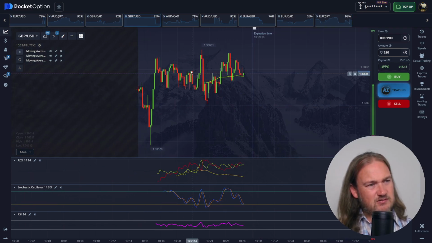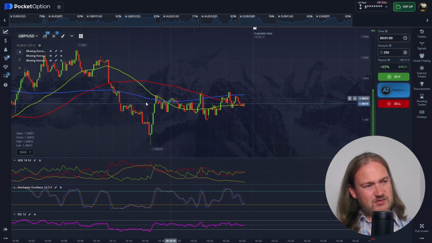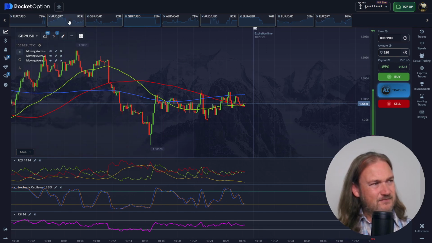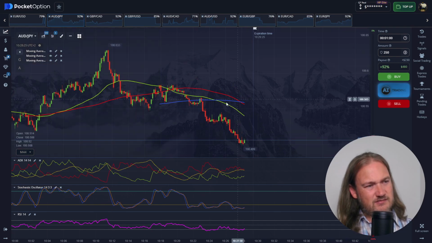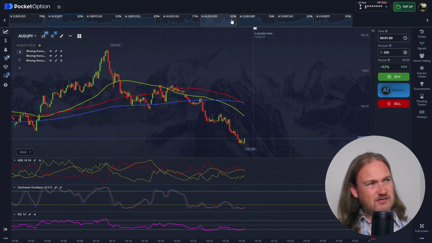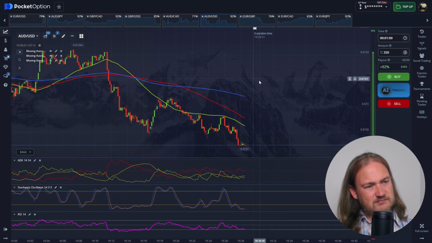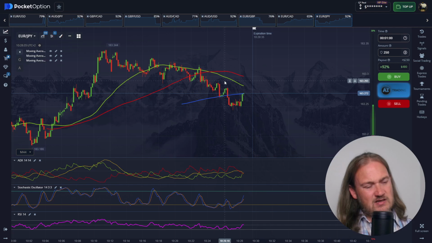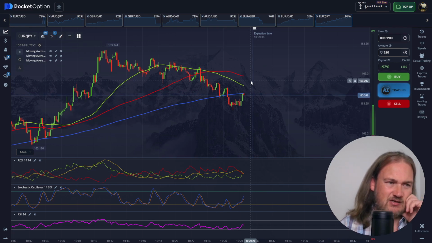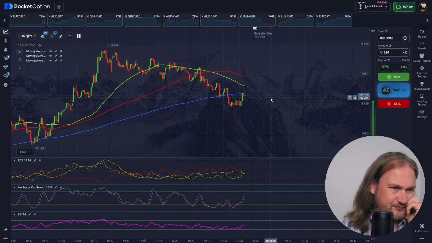What's cable doing? Cable's ranging. How's this doing? Falling. What? Oh, yeah. Let's see what the yen is doing. Maybe we can get a nice entry here.